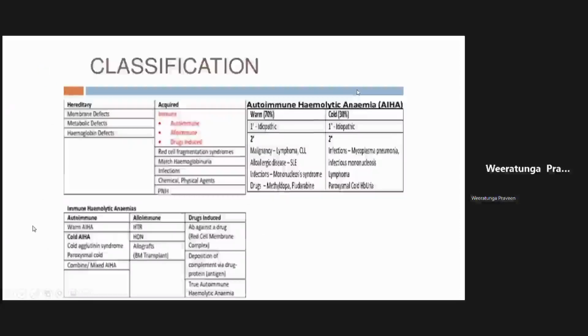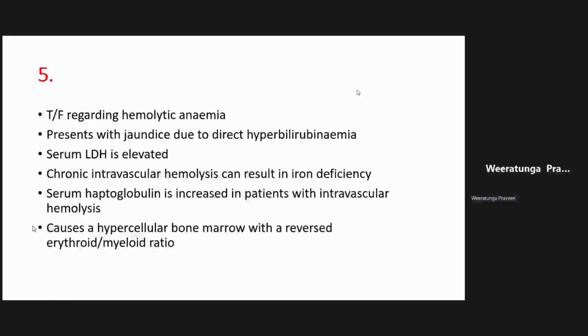So serum LDH is elevated, there is indirect hyperbilirubinemia, increased reticulocytes, and increased erythropoiesis. If you were to do a bone marrow, you will see a hypercellular marrow with an increased erythroid ratio, which is typical.